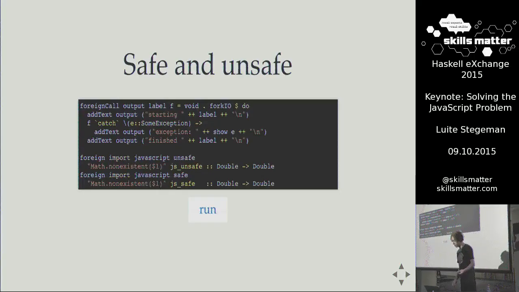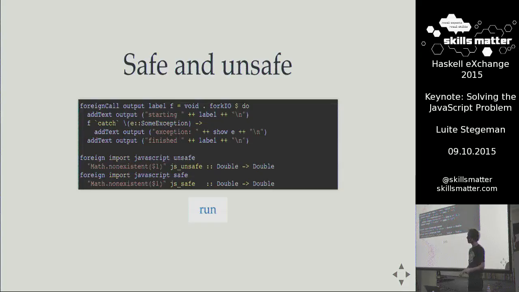If you unsafely call a foreign function, then if any JavaScript exception happens in that function, the GHC runtime won't be able to do anything about it. It will propagate to the top level of the main loop. The thread that the function was called in will be dead, and that's it. It will be removed from all MVars or other things that it was blocked on, but it won't be able to handle the exception in the Haskell code.